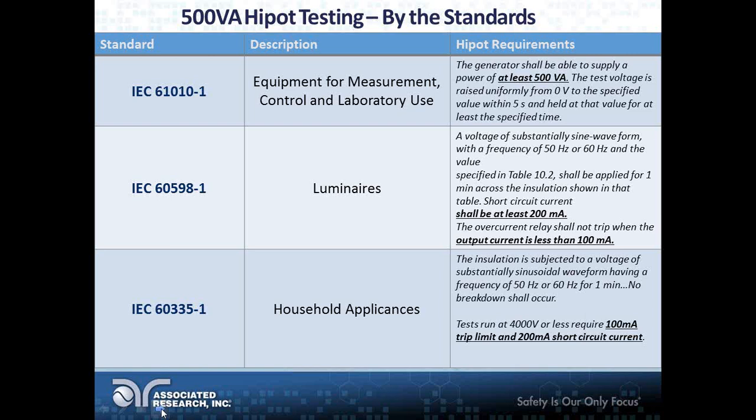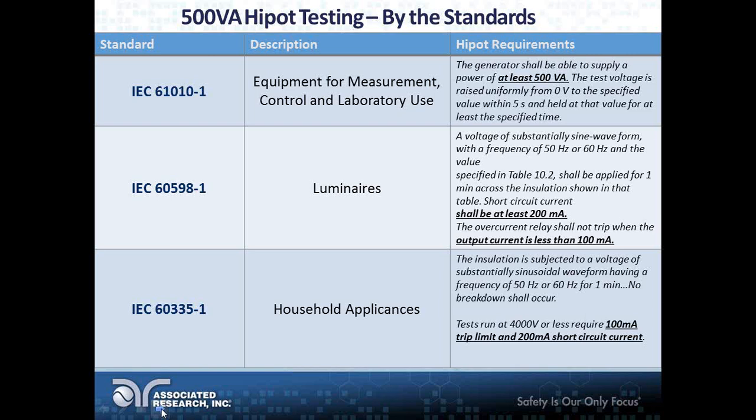Then it gives specifics as far as ramping up the voltage. 60598-1 for luminaires says the voltage is substantially sinusoidal, which is pretty common language as well, that the short circuit current shall be at least 200 milliamps, and the overcurrent relay, i.e. the trip current, is not less than 100 milliamps. It should not trip below that. So basically, that's again a 500 VA unit. And with 60335, it's pretty much the same language: 100 milliamp trip with 200 milliamp short circuit current.